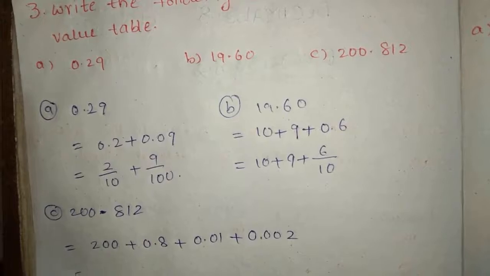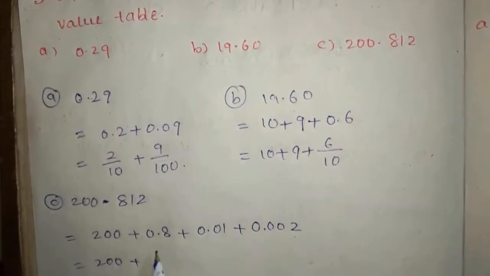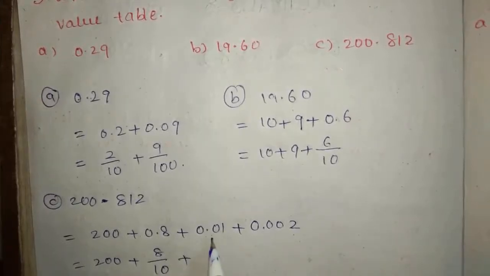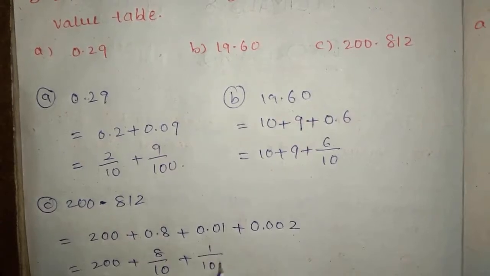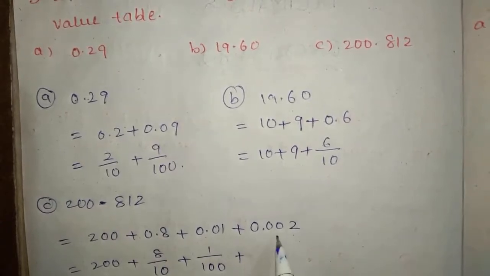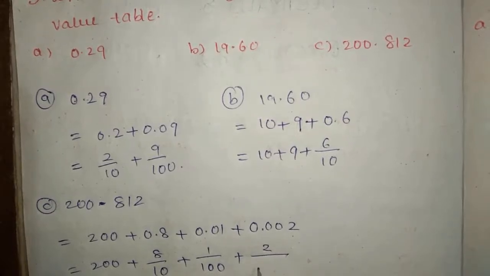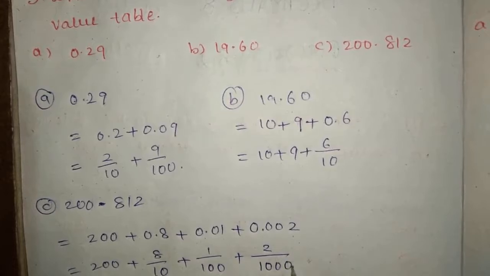Now it can be written as 200 plus 0.8 means 8 by 10, 0.01 means it can be written as 1 by 100, plus 0.002, it can be written as 2 by 1000, this is thousandths place.